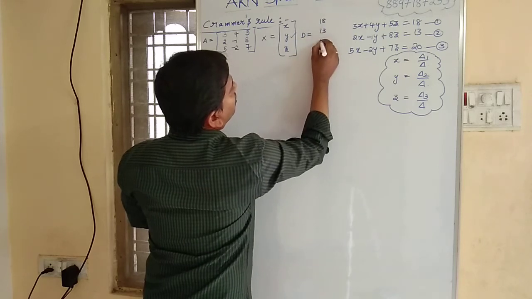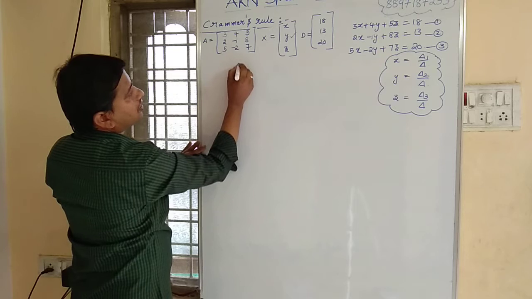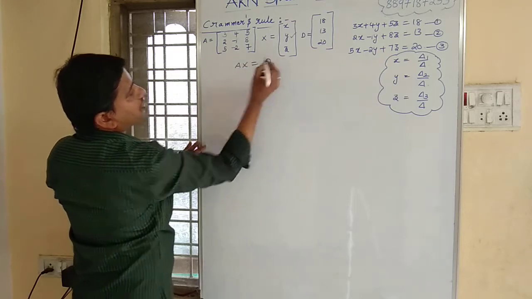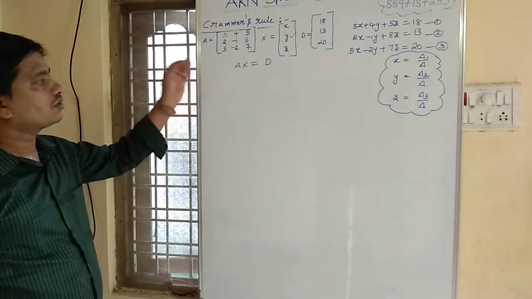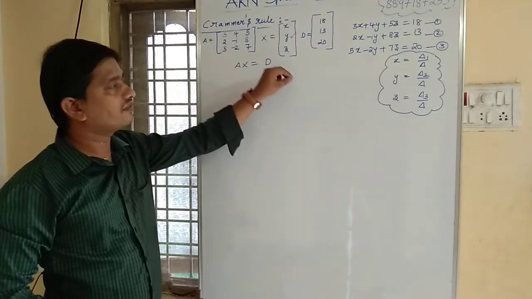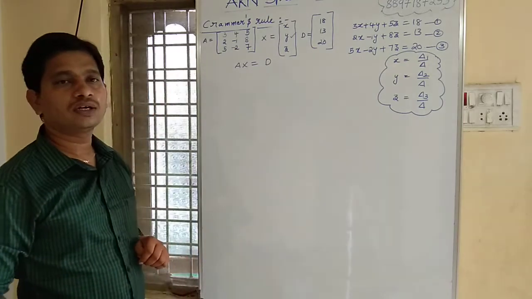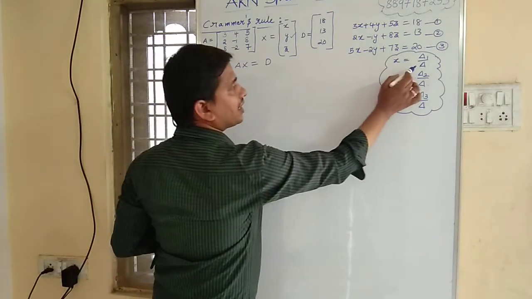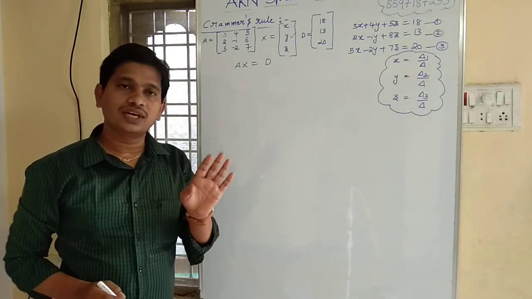So what is matrix equation form? AX is equal to D. What is A? Coefficient matrix. What is X? Variable matrix. What is D? Constant matrix. So actually we have to find delta, delta 1, delta 2, delta 3.